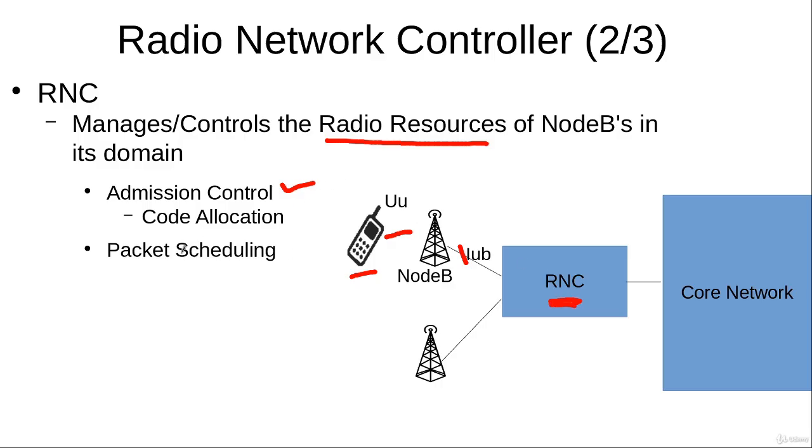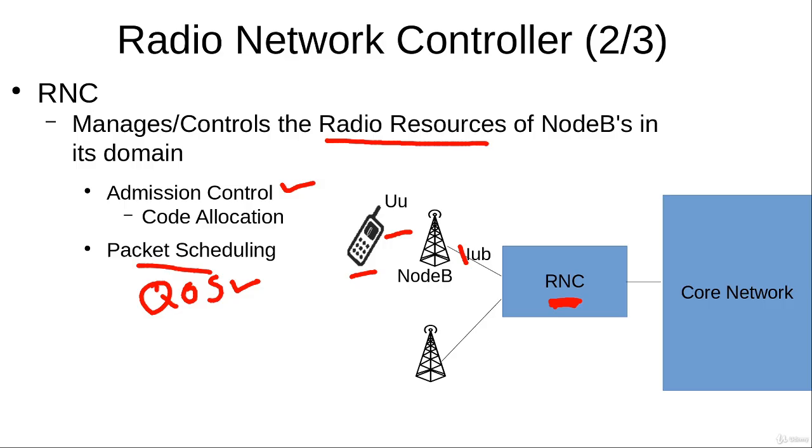And similarly, the packet scheduling is also done on the radio network controller. And this packet scheduling is based upon the quality of service requirements for the different traffic types. For example, if this user equipment is making a Skype call, in that case, the quality of service requirements are different.